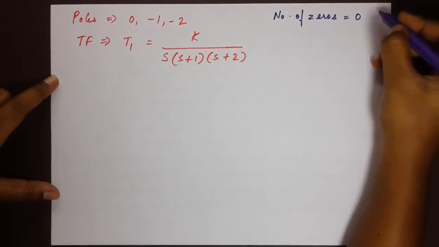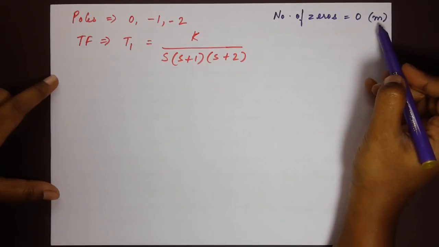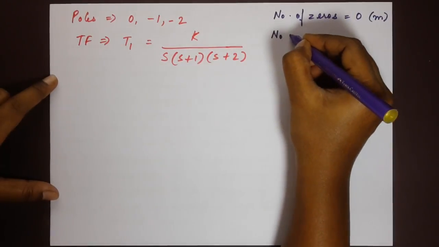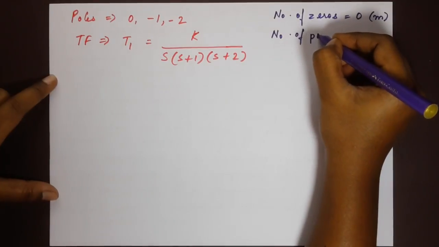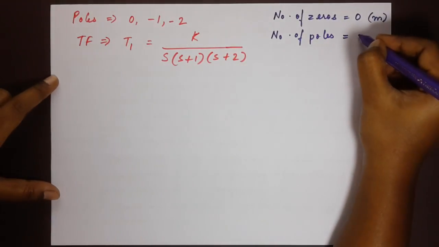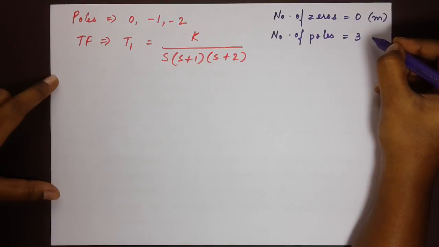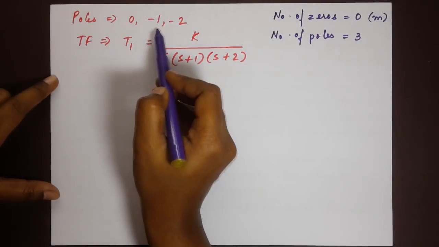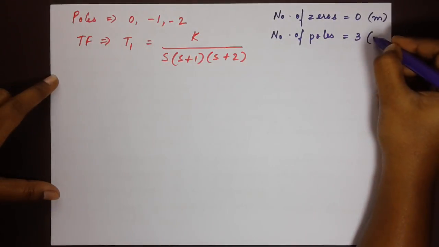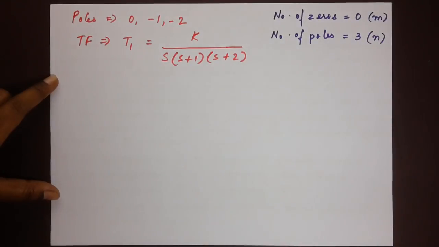The notation for the number of zeros is m. Next, number of poles. The number of poles is 3. So we have 3 poles, 0, -1 and -2. The notation is written as n.